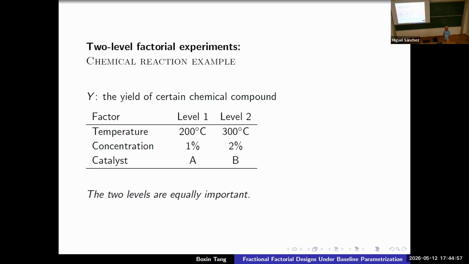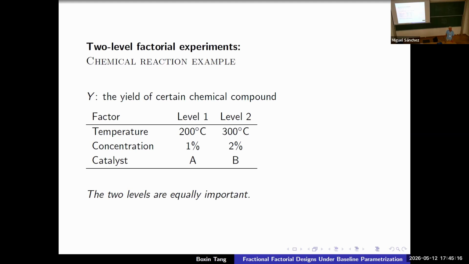In the first example, this is from a chemical reaction. The response variable is the yield of a certain chemical compound. In this experiment, three factors are studied. The first factor is temperature.